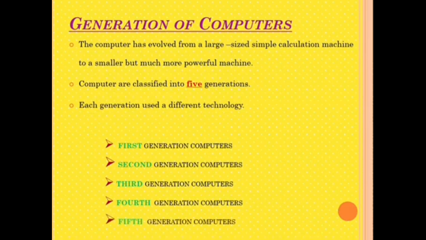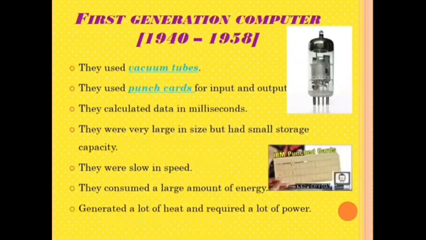The last one is the fifth generation computer. Now we have to see one by one what technologies they used in each generation, what the inputs are and what the outputs are. First we go for the first generation computer.